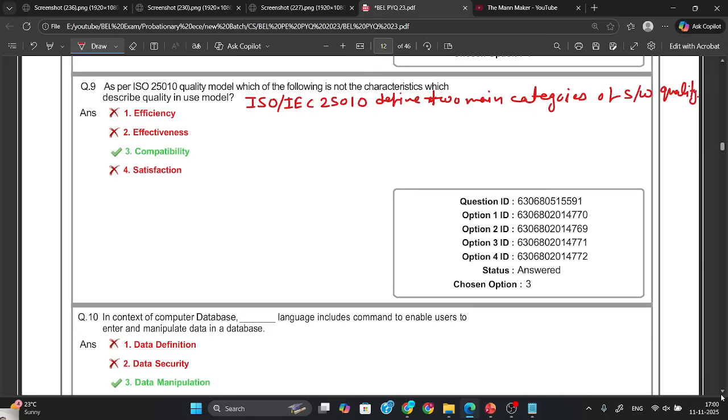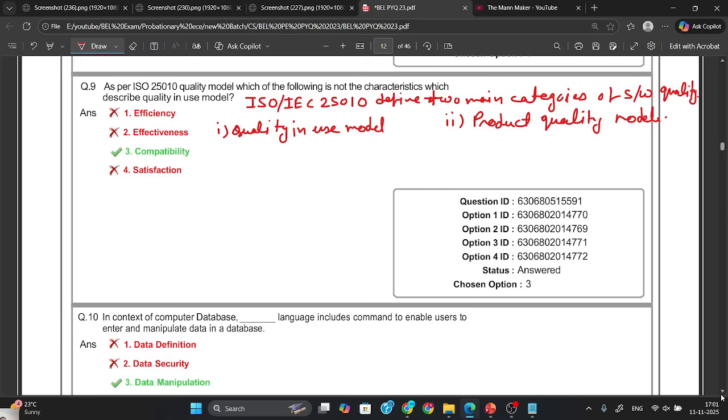The first one is the quality in use model, and the second one is the product quality model.